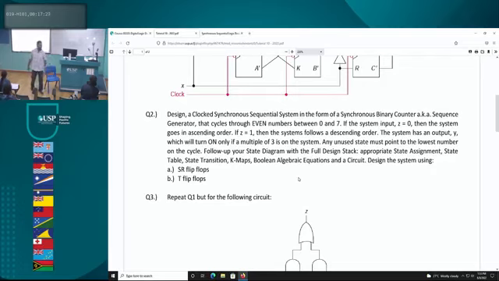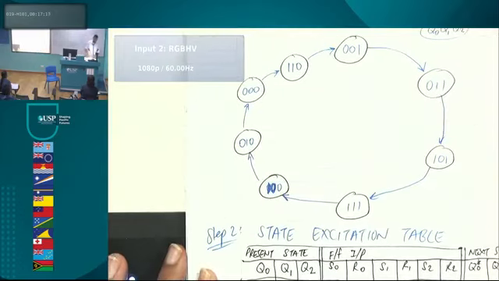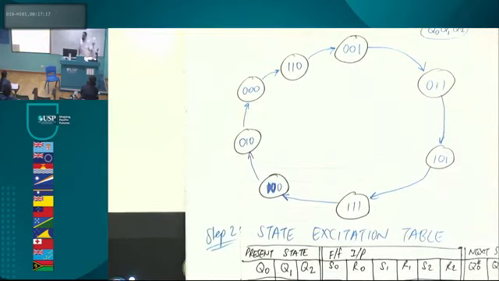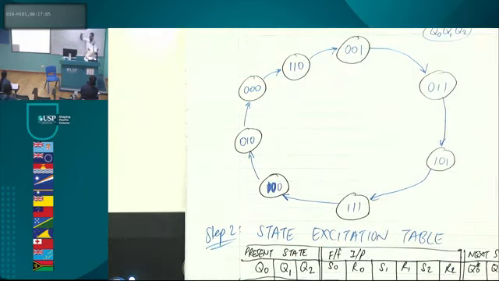Why do we call it a ring? The word ring comes from Lord of the Rings, okay? Actually, it comes from when you draw the state diagram, it's a circle. It looks like a ring, so that's why they call it a ring counter. It goes in a circle.